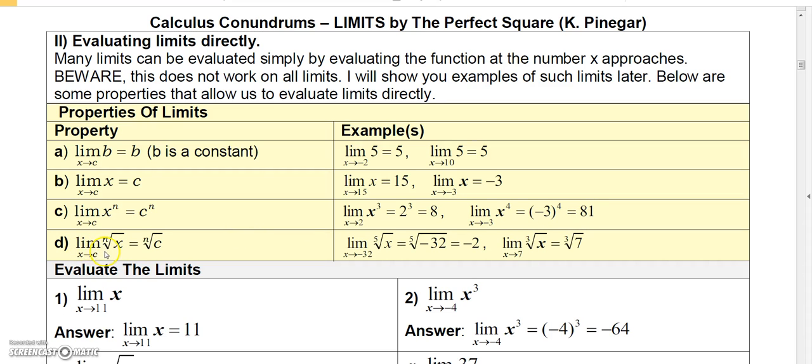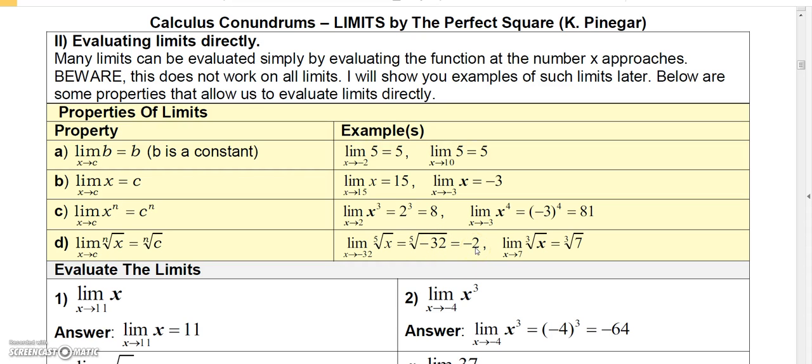And we also have a similar limit for the nth root. So the limit of the nth root of x as x approaches c is actually the nth root of c. So for instance, if I want the limit of the fifth root of x as x approaches -32, then that would simply be the fifth root of -32, which is -2.